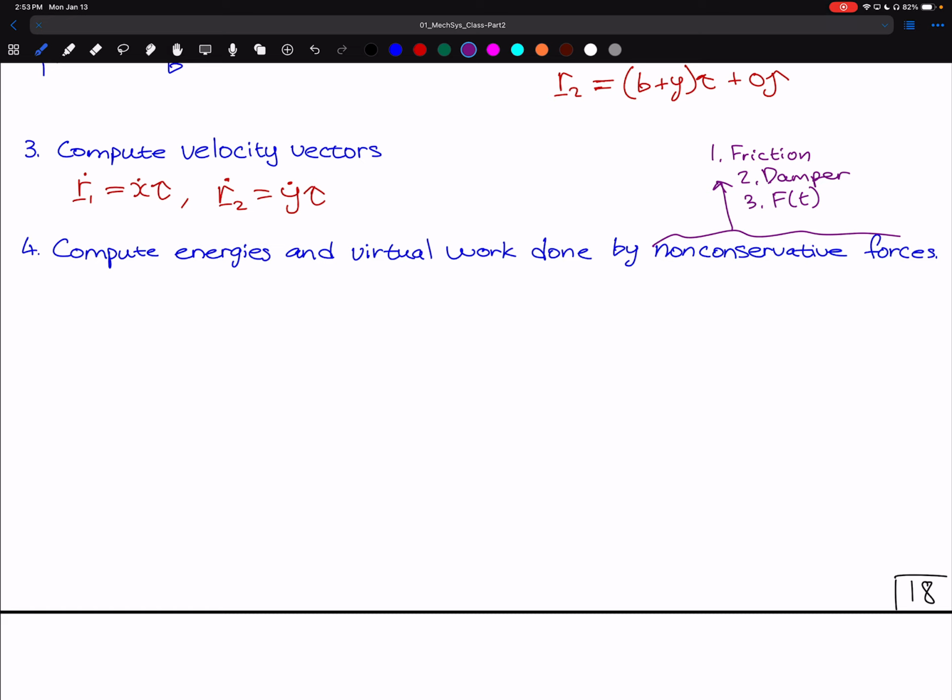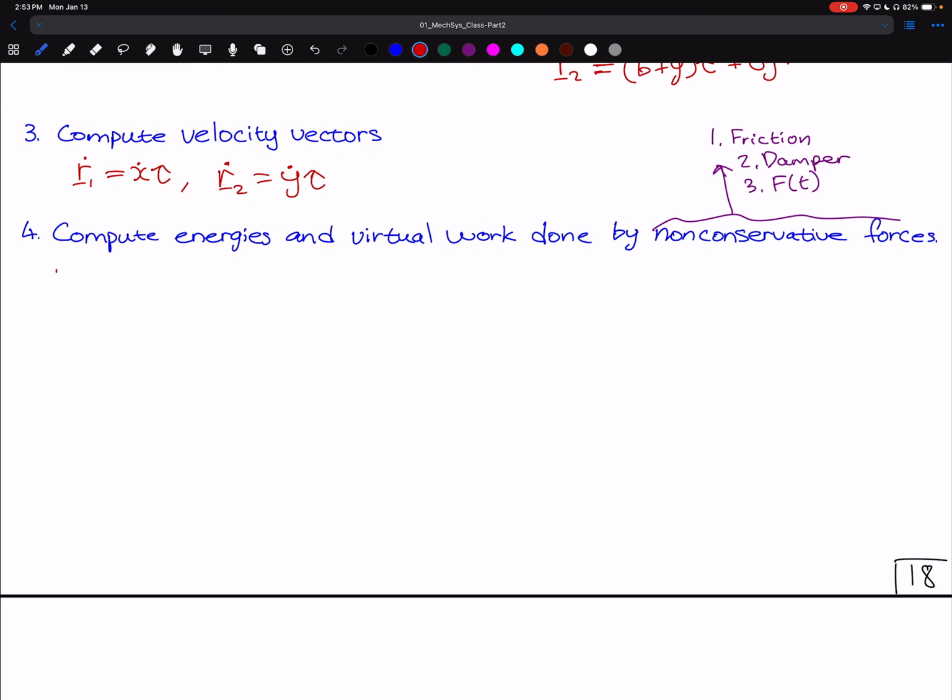All right, let's come back together. The majority of you were able to get the kinetic energy. Kinetic energy, big T, was equal to, in general, 1/2 M1 times the vector r dot 1 dotted with itself.